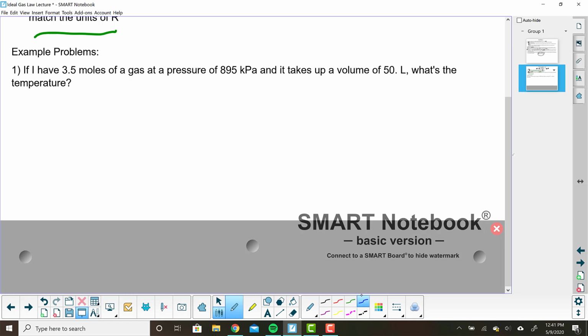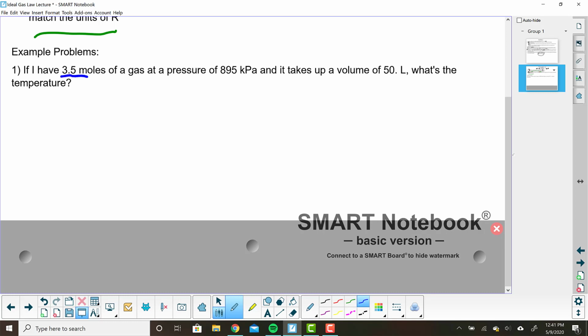Unlike the equations and the gas laws that we learned last week, we don't have a before and after. The ideal gas law is awesome because it can tell you in a snap any sort of information that you need to know. You don't have to have a before and an after. You don't have to make a change. It can tell you the instantaneous value of one of these variables.